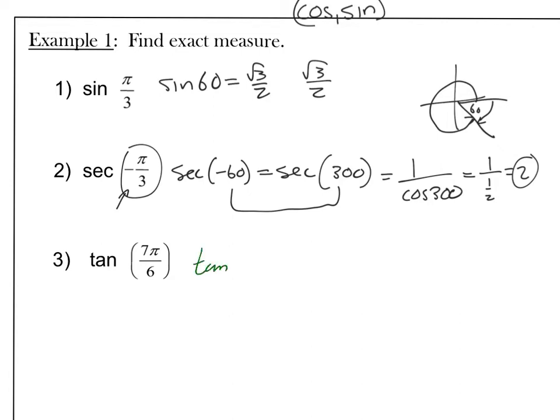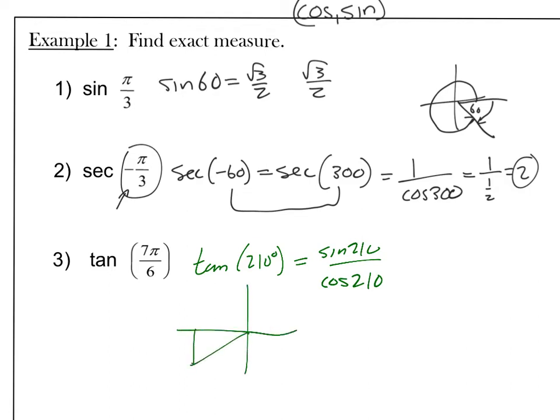All right, so 7 pi over 6. That's going to be the tangent of 210 degrees. Remember, tangent, this is the hard part, is sine over cosine. My reference angle from 180 is going to be 30 degrees down here. So that's going to be what over what?